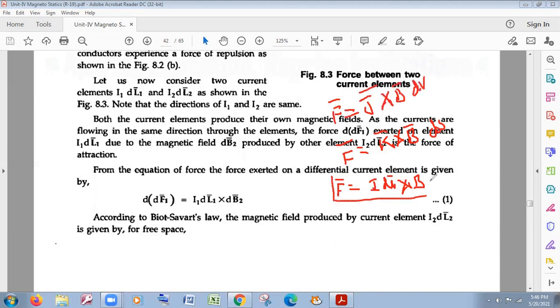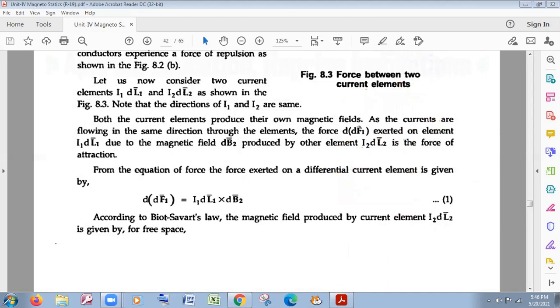In the last class, we derived this expression: F bar is equal to I dL bar cross B bar, or F is equal to I dL B sine theta. Got it, my students? So for I dL bar cross B bar, we now apply differentiation. The differential dF1 bar is equal to I1 dL1 bar cross dB2 bar.